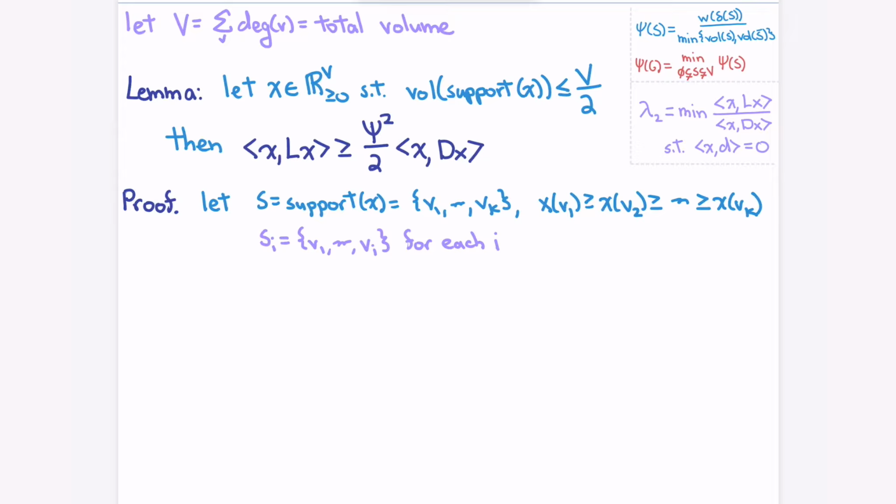Then S1 will be the biggest vertex by itself, S2 will be the biggest two vertices, S3 will be the three biggest vertices. Those will be our sweeping sets. At some level, we're going to show that some of these sets must be good. But we're not going to focus on extracting this set. We're just going to prove the bound and be clear why there's an algorithm afterwards.